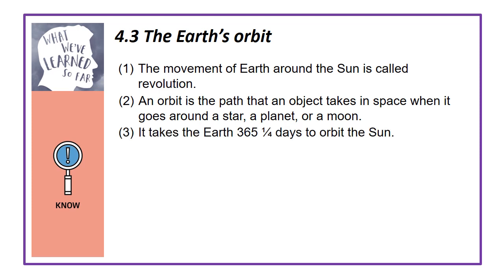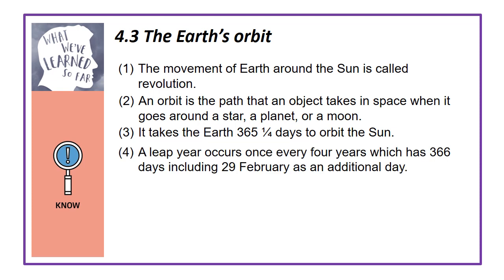Third, it takes the Earth 365 and 1/4 days to orbit the Sun. Fourth, a leap year occurs once every 4 years, which has 366 days, including the 29th of February as an additional day.